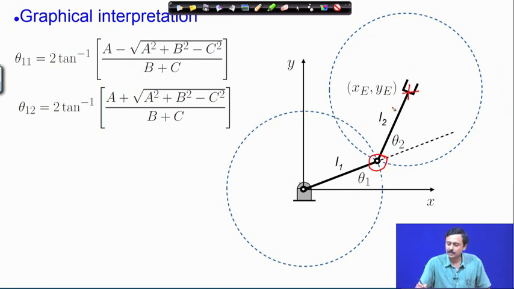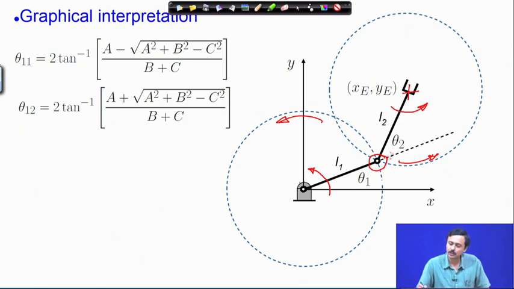Now, the link L2 can rotate about this fixed x e y e point, and link L1 can rotate about this fixed ground hinge. So, these are the 2 circles. The intersections of these 2 circles are the solutions.